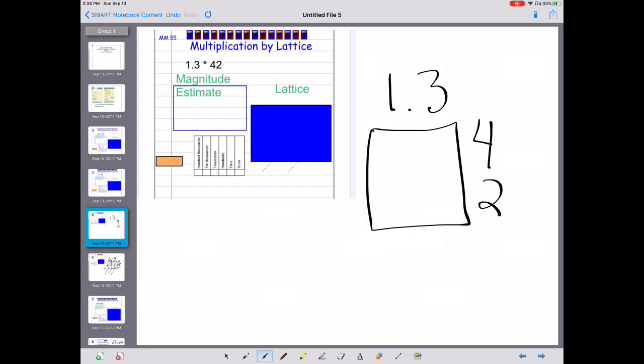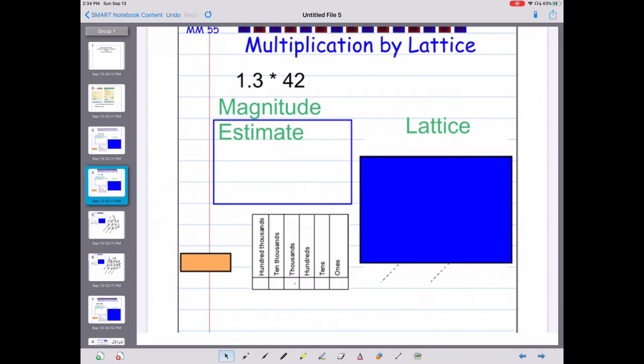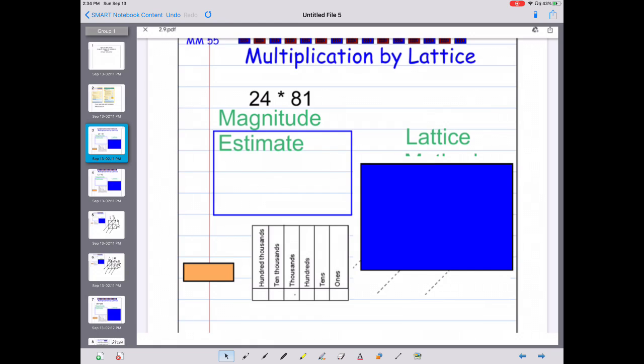Box, lines between the numbers. One more. That's the same length. They're all about the same length, so we'll stop there.